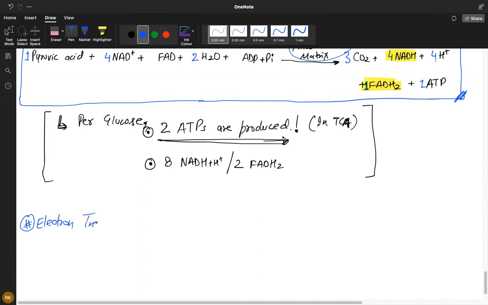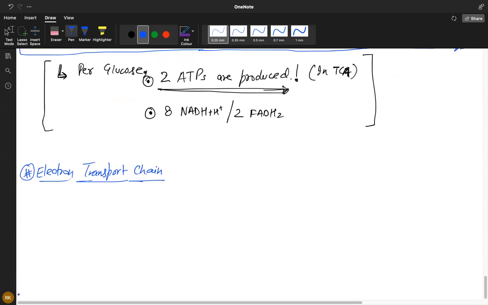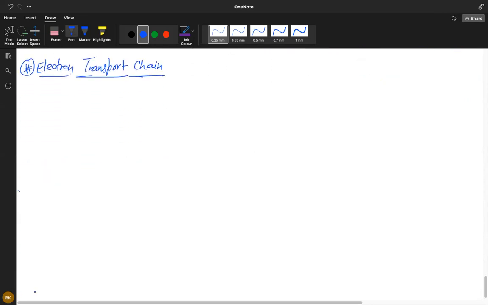So, electron transport chain. Now, what we are going to read is a very simplified version of the electron transport chain. The major things to remember: it's also known as the electron transport system, or ETS, or ETC. It's also known as oxidative phosphorylation.